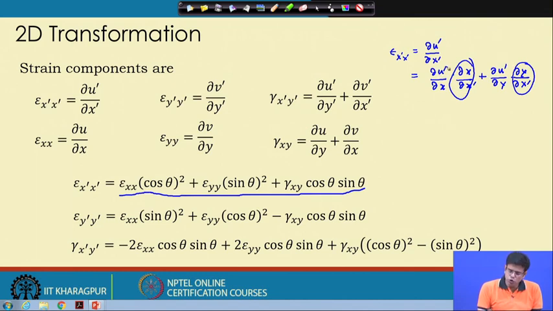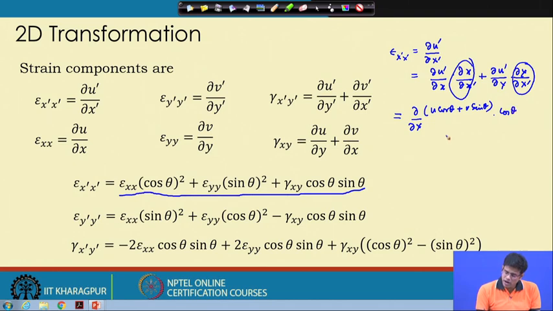If we substitute, u prime is u cos theta plus v sin theta, and del x by del x prime is essentially cos theta.